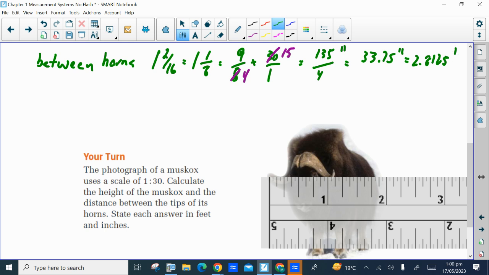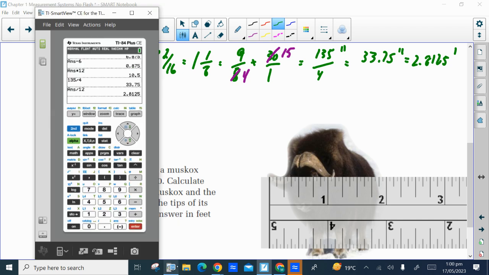And remember, 1 tick mark represents feet. But we want to state it in feet and inches, like we did before. We can take away the 2, which leaves us with just the 0.8125 of a foot. We'll multiply that by 12 to convert that into inches. 9.75 inches, we would round to 10.